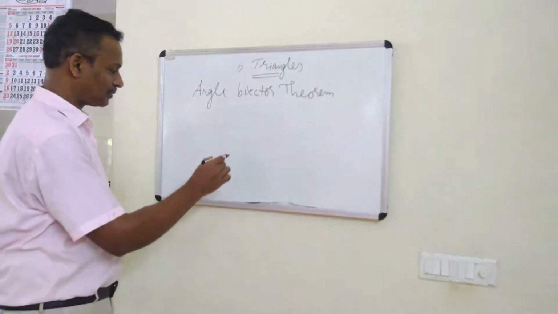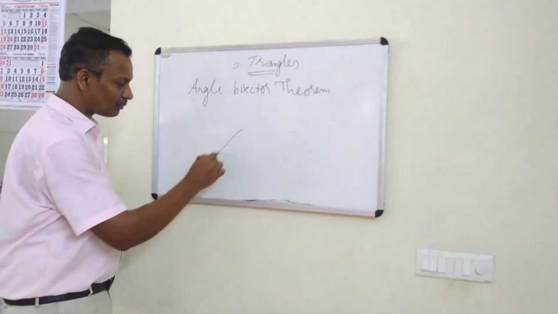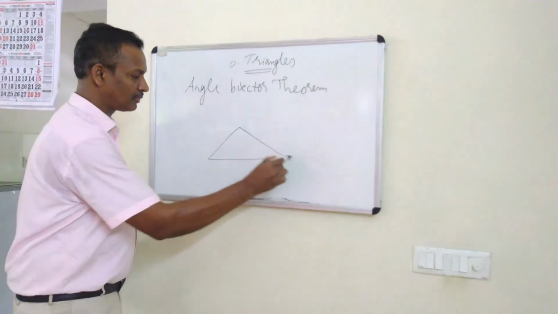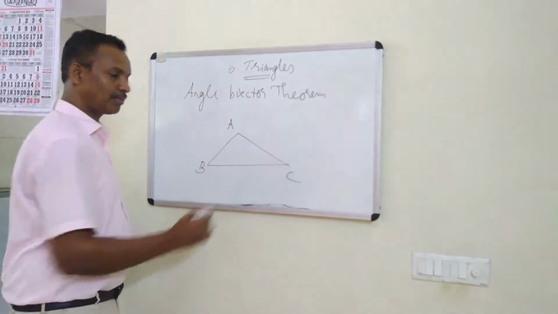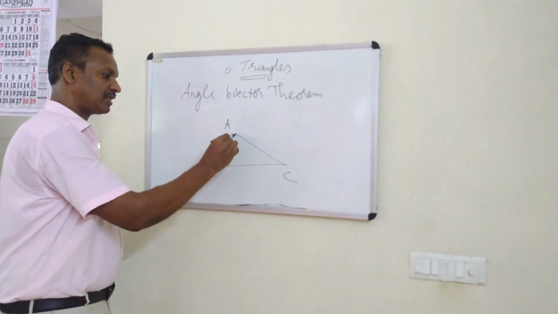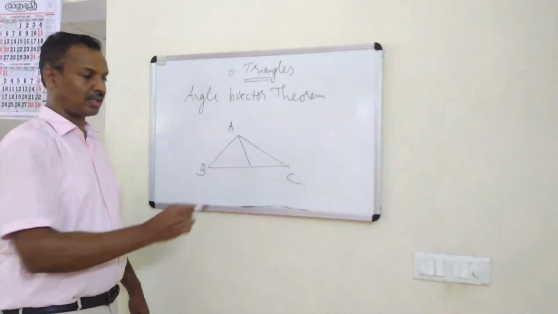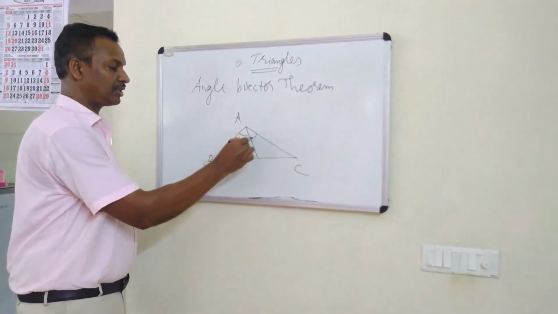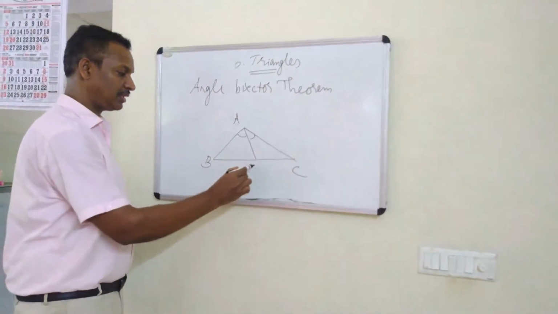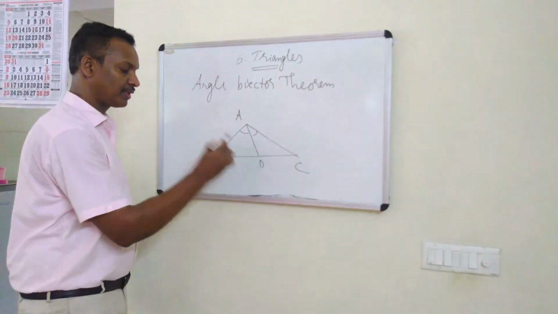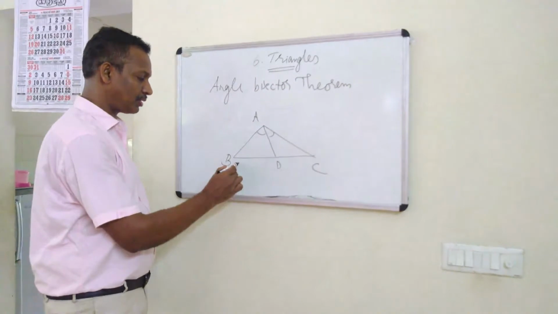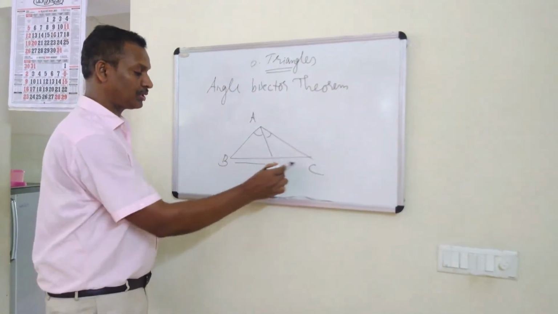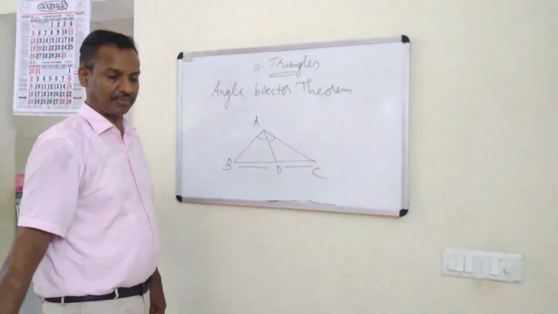The question says, suppose the triangle is ABC, and the bisector of angle A is constructed. Then this bisector divides the opposite side BC at a point D, into two portions, BD and CD.